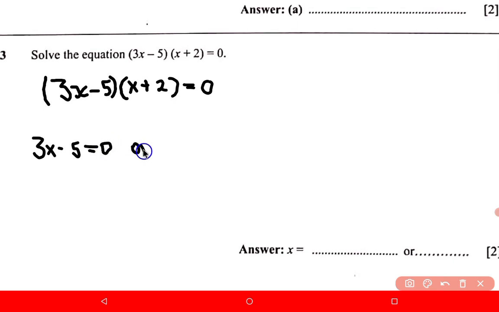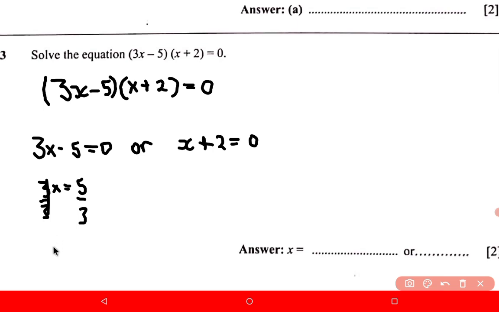Then you say, or, since these are the factors, this has already been factorized. These are the factors, so equate them separately. So you have 3x is equal to 5, taking it this side will give you positive 5. Divide both sides by 3.